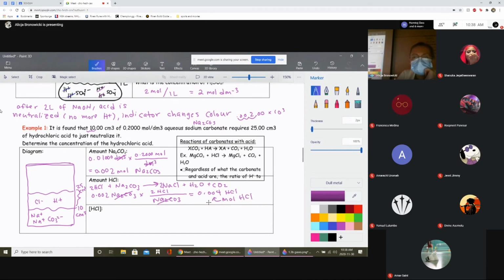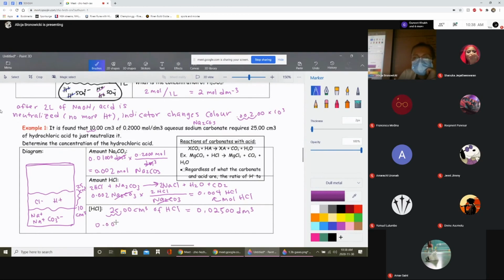So now I just take my moles and put it over how many liters of hydrochloric acid I have. 25.00 cubic centimeters of hydrochloric acid was used, which equals 0.02500 DM3.